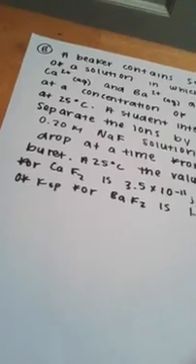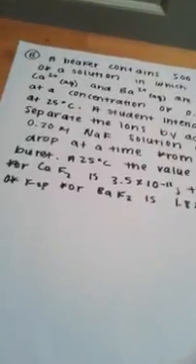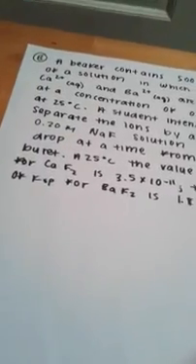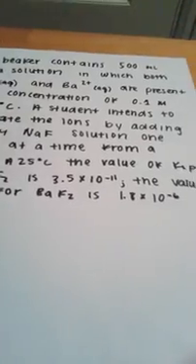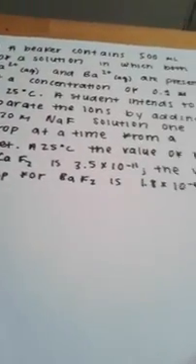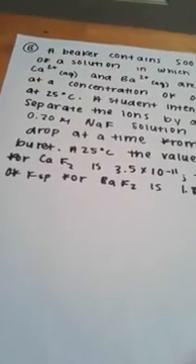For part B, question 1, the beaker contains 500 milliliters of the solution in which both calcium aqueous and barium aqueous are present in a concentration of 0.1 moles at 25 degrees Celsius.